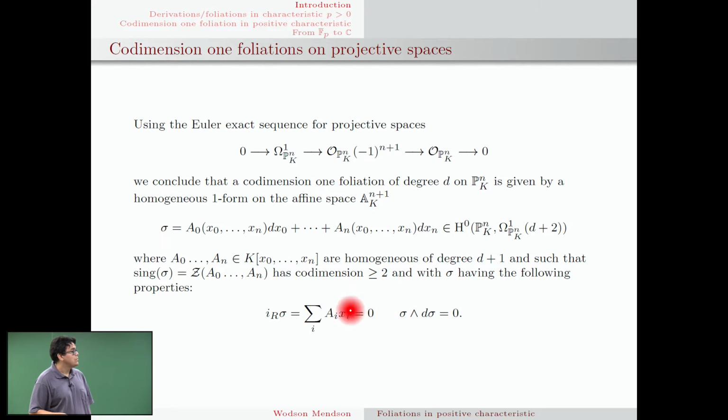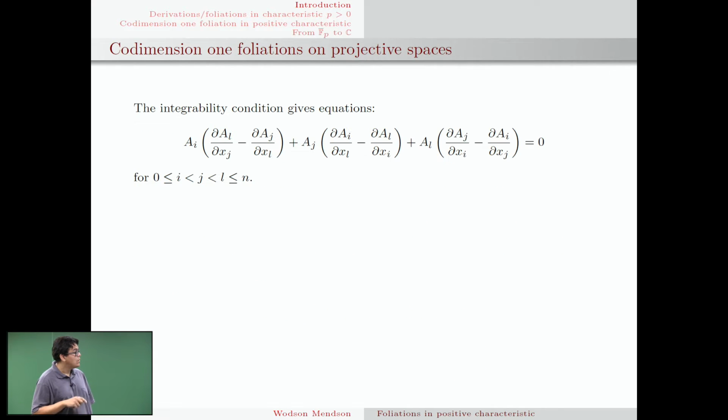So this is a projectivity condition and this is the integrability condition. The integrability condition, the fact that the 1-form is integrable, means that we have a lot of equations if you write out the relation.